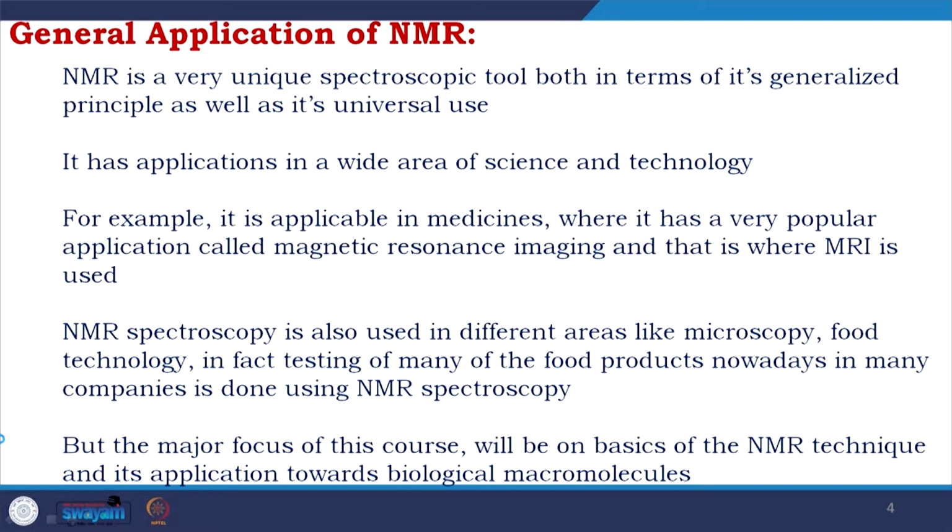So, how we proceed: we will start with the generalized application, talking about spectroscopy, then focus on NMR spectroscopy, looking at the principles and techniques majorly used, and then how it is applicable to small molecules, because one of the very critical uses of NMR is small molecules. It has revolutionized the identification of pure small molecules. So, we will talk about them and then we will go to the biological macromolecule, protein.